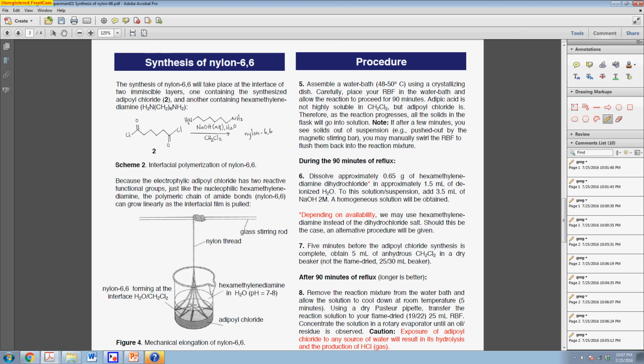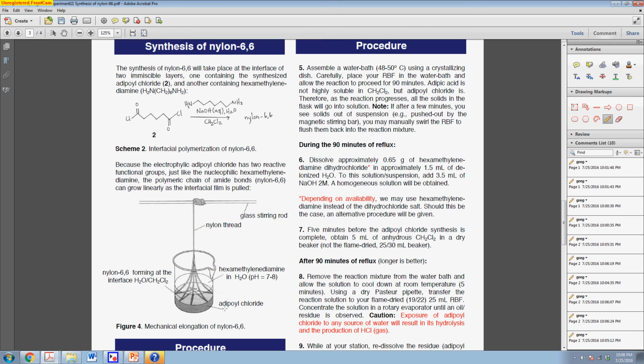As we pull up this thin film, you will keep making a nylon thread at the interface of the aqueous and organic phase. So as we keep pulling this nylon thread up, the reaction will keep occurring until we exhaust all of our starting materials in this reaction.